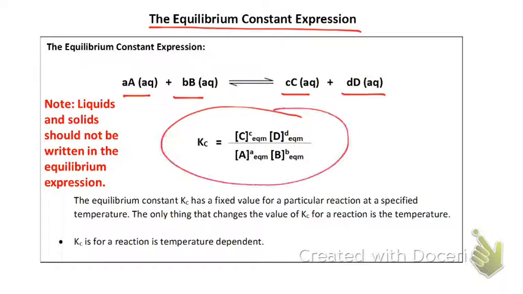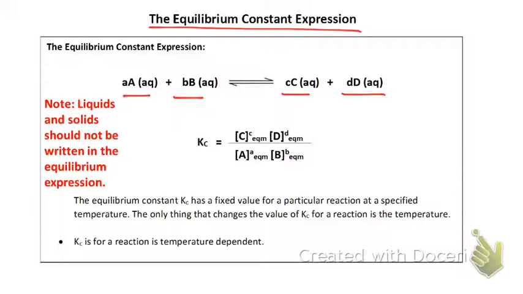Essentially, the equilibrium expression is where we take the concentration of the products at equilibrium, and that's what the EQM means, equilibrium concentrations, and we're going to raise it to a power, okay? And the power is the coefficient of that reactant or product.